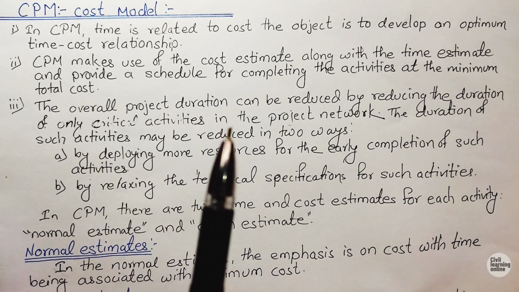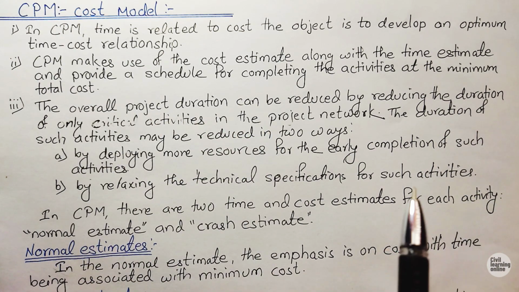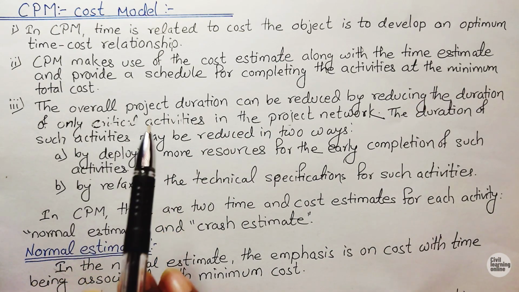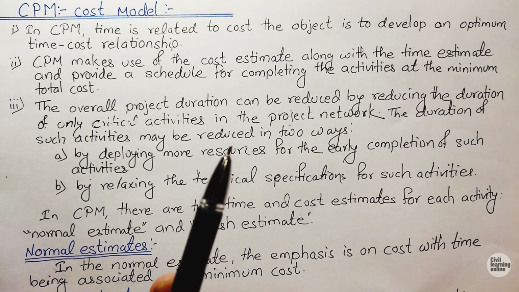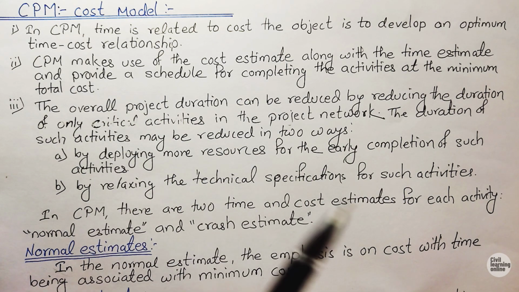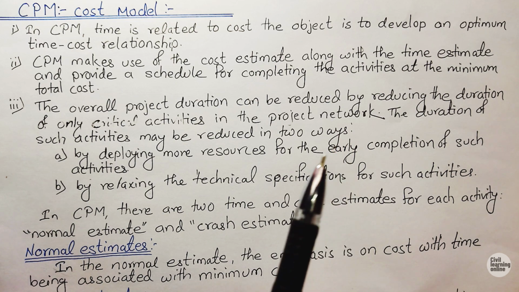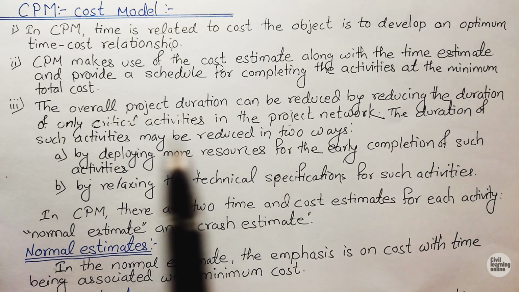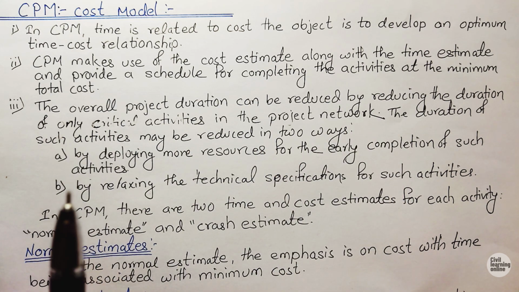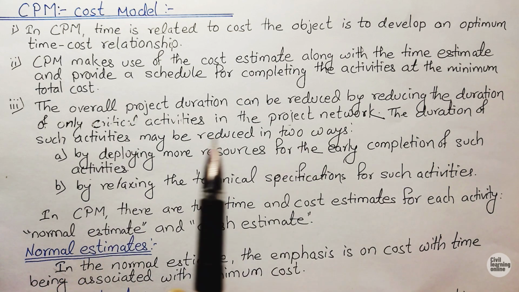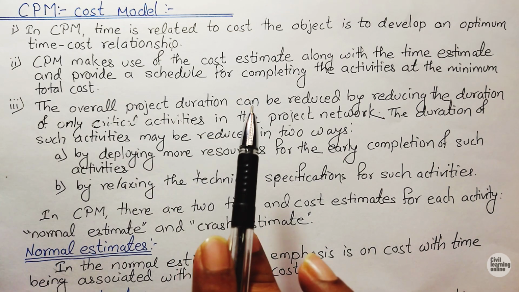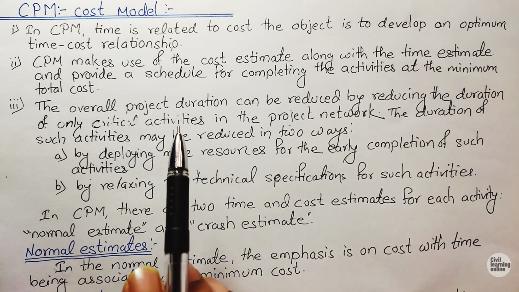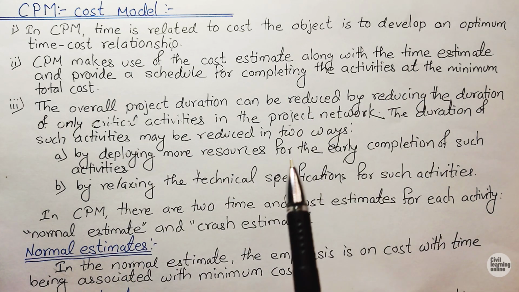We have also come to know that any delay in a critical activity will lead to delay in the overall project. So if we are able to reduce the duration of the critical activity, then we will have some extra time which we can use somewhere else.